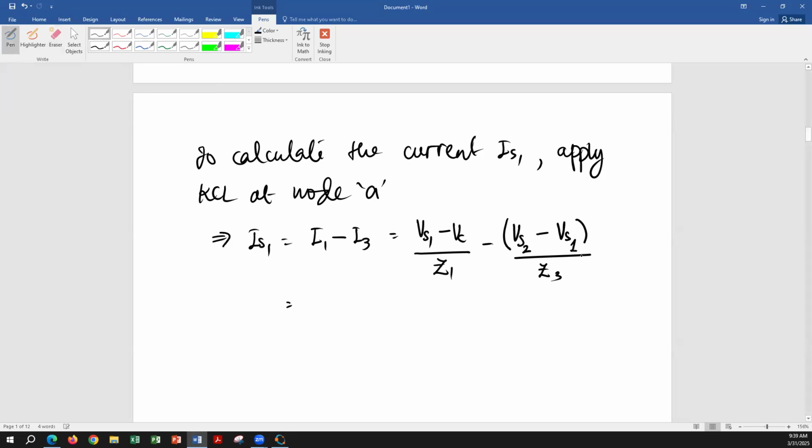VS2 minus VS1 divided by Z3. And that comes out to be IS1 is negative 0.22, minus j2.8. That's my IS1.